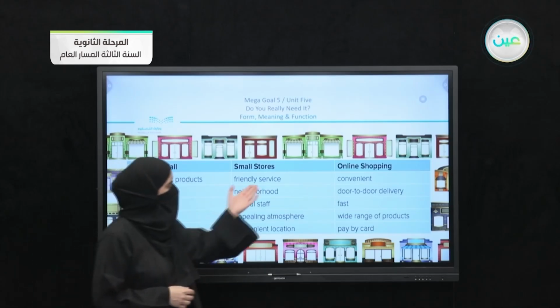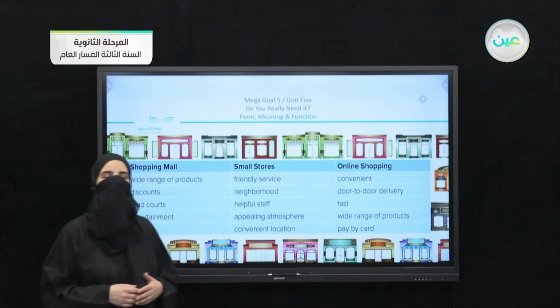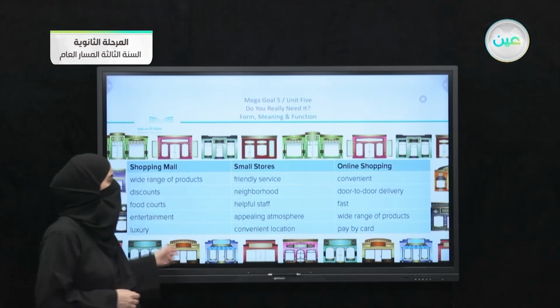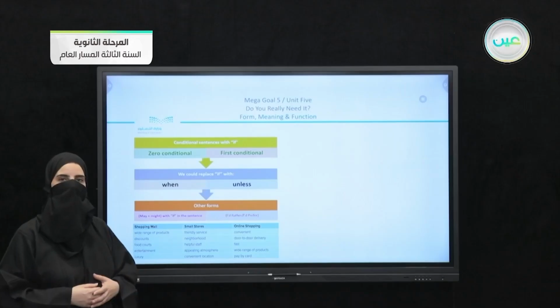And we did mention something about online shopping and also the words connected with online shopping. Now, I'm going to do something with you now. We have here the structures that we took and also we have the words that are connected or related to shopping, and we are going to apply both of them and structure new sentences.